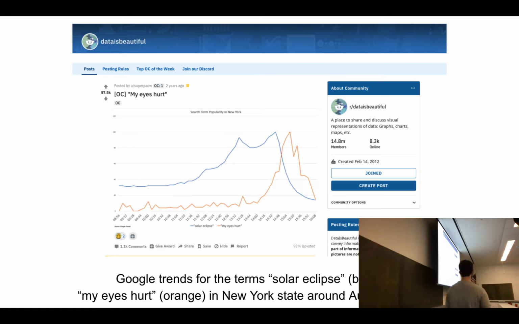And so these are the trends around August 21st, 2017, for the term solar eclipse, that's in blue, and the term my eyes hurt, which is in orange. Right, and so they plotted this using Excel or something really simple.